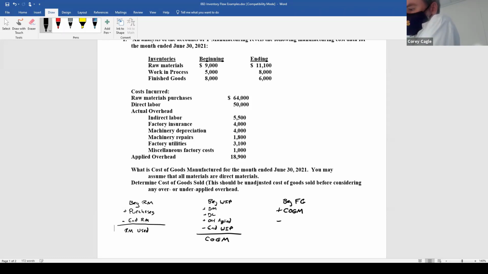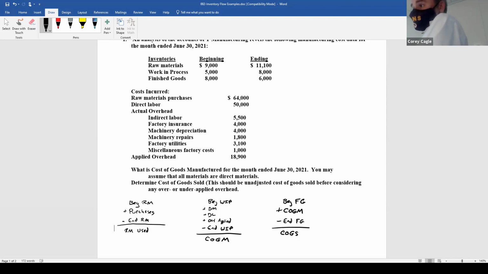Subtract what you didn't sell, and you're left with cost of the goods that you did sell, cost of goods sold, the expense on the income statement. So know those by heart. I sat here and put those down without using a cheat sheet or anything. You just kind of need to know that off the top of your head.